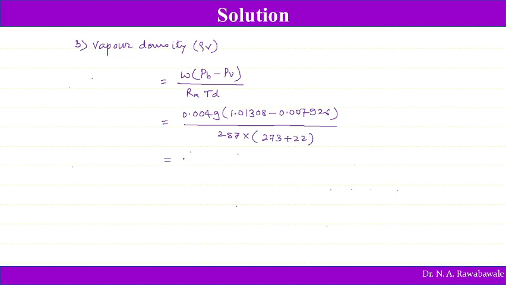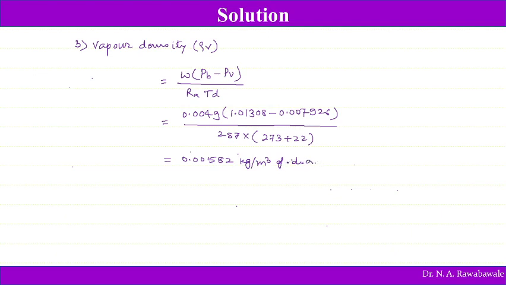So on simplification this works out as 0.00582 kg per meter cube of dry air.